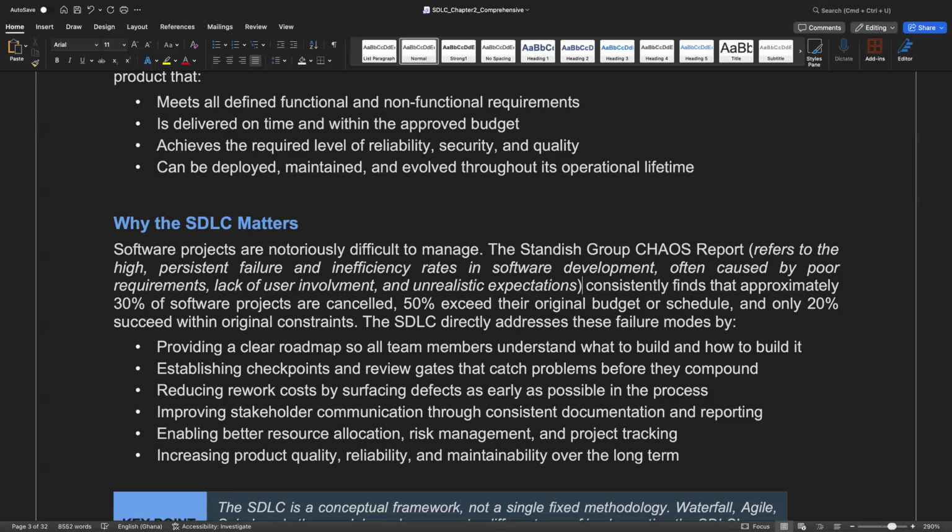Often, the budget they set for themselves, they exceed by 50%. And only a marginal number succeed within the original constraints. Constraints are basically hurdles, the obstacles that they meet along the line. Maybe some are unforeseen, or some are expected.